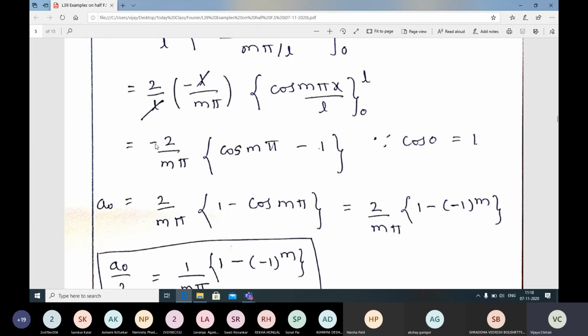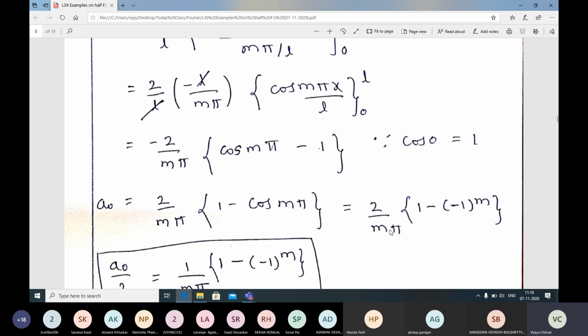So multiply this minus sign to this bracket, minus into minus is plus, taking the positive term first. So the next step is 2 divided by m pi as it is, multiply the negative sign, taking the positive term first, 1 minus cos m pi.